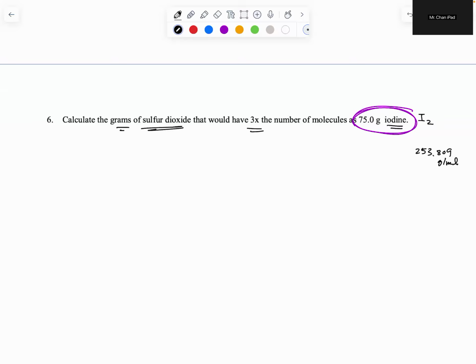And then we say, oh, you want to have three times the number of molecules, right? So that means every one mole of I2 is to 3 moles of SO2. That's a ratio.